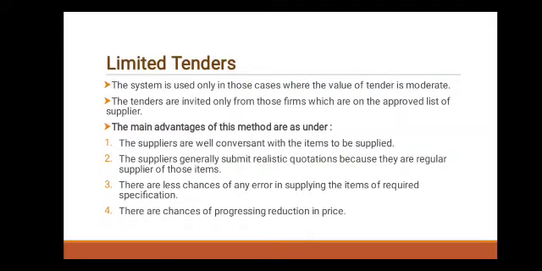Second, the suppliers generally submit realistic quotations because they are regular suppliers of those items. Third, there are fewer chances of any error in supplying the items of required specification. Fourth, there are chances of progressive reduction in price.